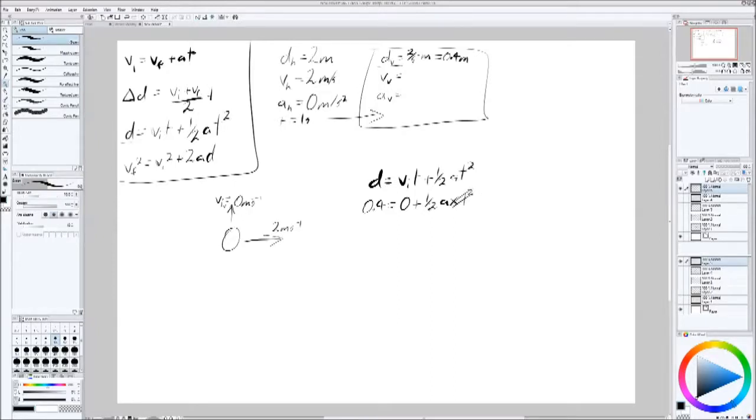So all we need to do is we have 0.4 equals a half a. So if we want to get rid of this half on this side, we just divide both sides by a half, and dividing by a half is the same as doubling. Therefore it's 0.4 times 2 equals a. Therefore our vertical acceleration in this world is actually 0.8 meters per second per second.